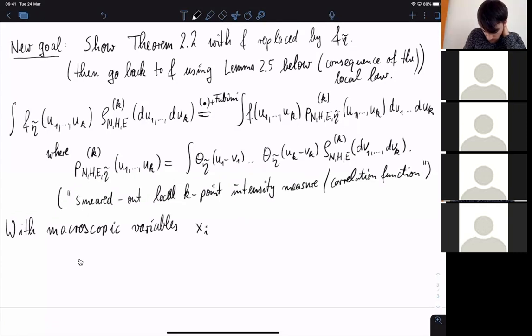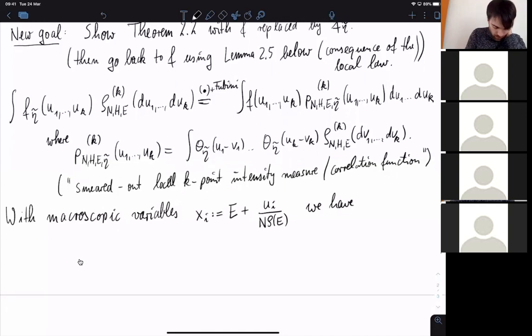Now I call them xi, so this is centered around E. Then I have ui, and then the spacing. So with these variables, we have the following.